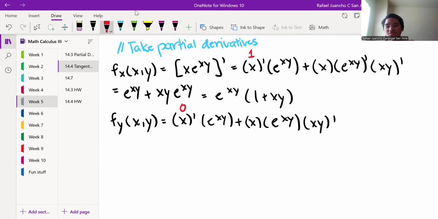And so that means everything here is gone. x, e to the xy, good. xy prime, I treat my y as a variable, my x as a number. So this is just y, right? Here it is just x. Here is y. So this is basically e to the xy plus xy e to the xy.